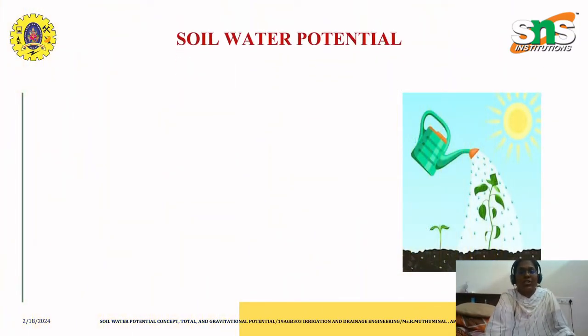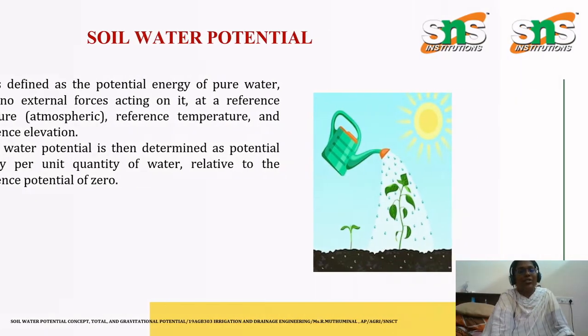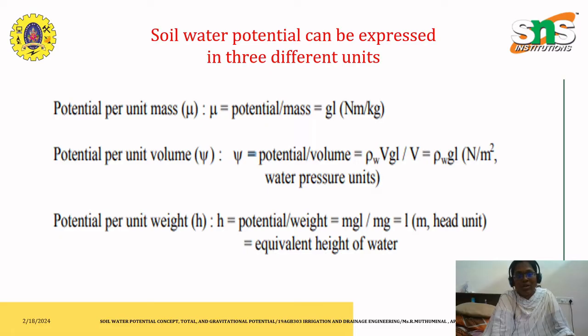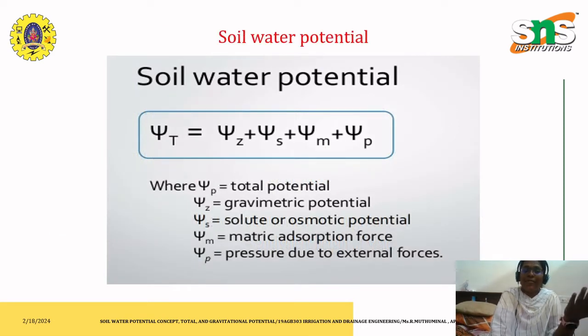What is soil water potential? It is the relative potential energy of pure water with no external force. Usually this potential can be expressed in three different units, and it is calculated by the formula which is always given as a summation of four potentials: gravimetric, osmotic, absorption, and the final one, external force.